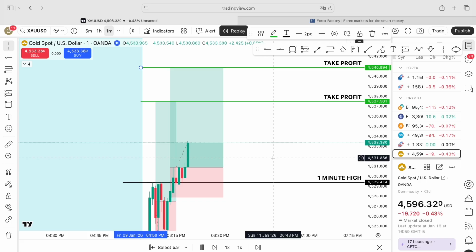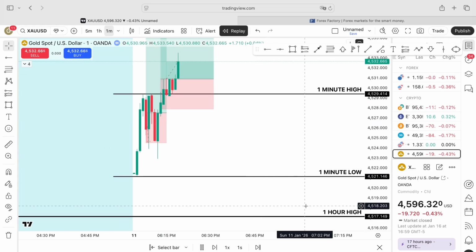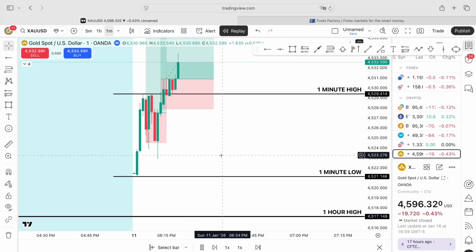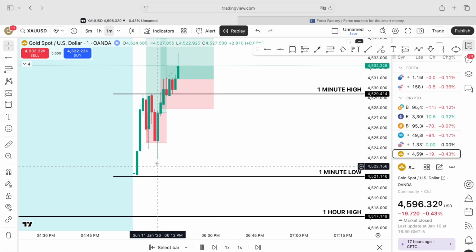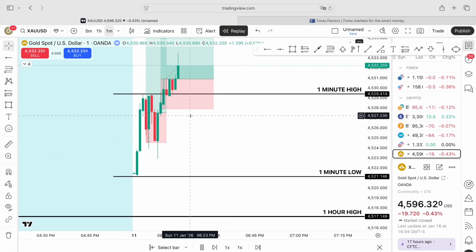That's another thing too, guys. So we already confirmed that the 1 hour high is right here, right? This is the highest that the market has been yet. Then when the market opened on Sunday, on January 11th, price made all-time new highs, right?